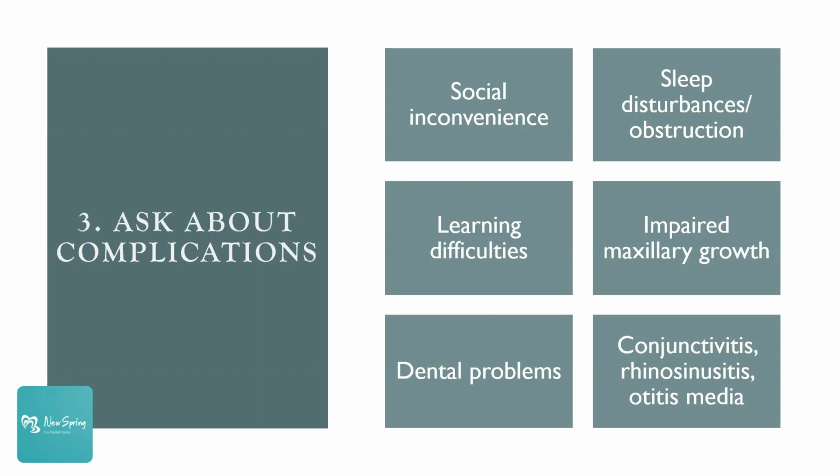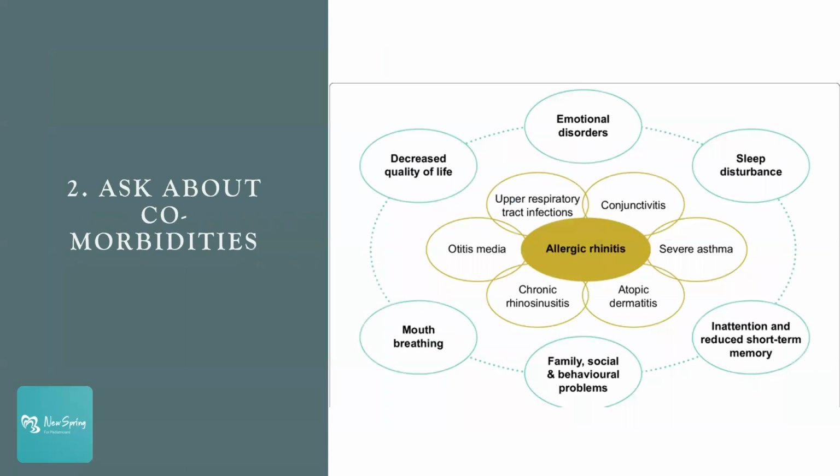Sleep disturbances and psychological inconvenience also impact learning, and there are difficulties and impaired maxillary growth if it's left untreated. Dental problems are also an issue. And allergic rhinitis itself, if left untreated, can cause a series of infections, including conjunctivitis, rhinosinusitis, and otitis media.